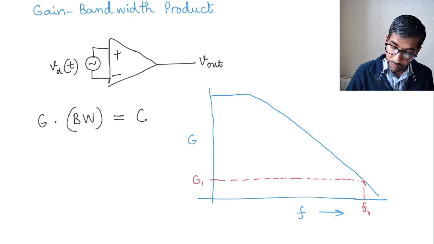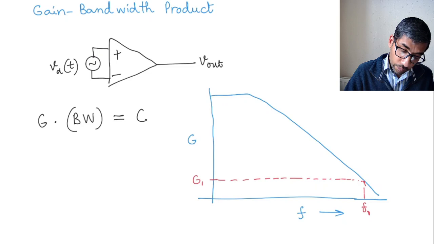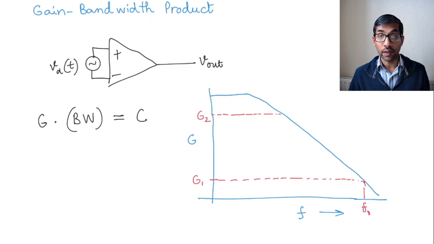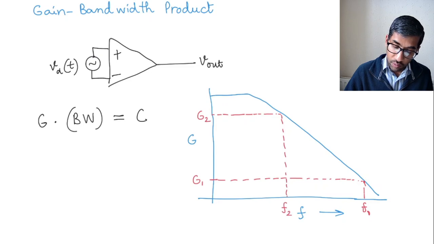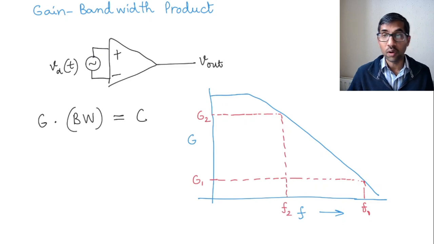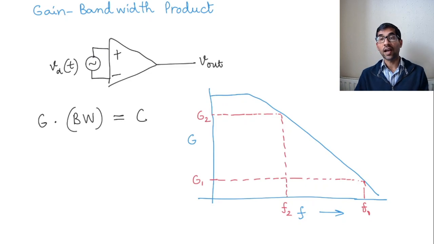Let's call it F1. But if you want to use the op amp with this particular gain, let's call it G2, which is much higher than G1, then you can only use the op amp till this particular frequency, F2. You cannot go till F1 because the op amp does not allow you to go for a higher gain at that particular frequency.